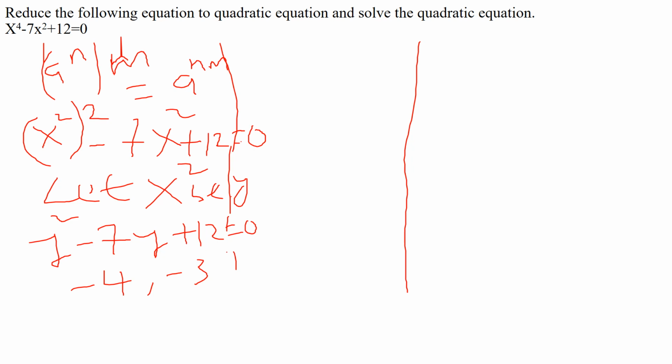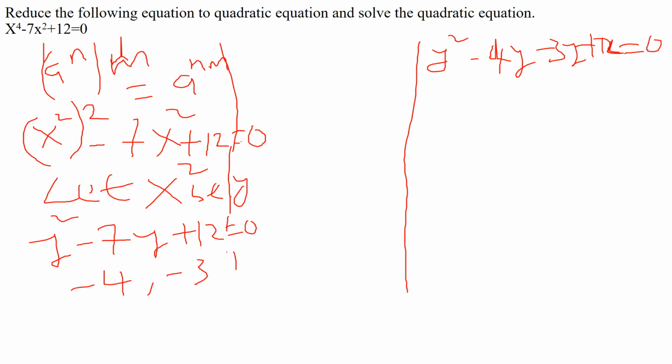So I can substitute them in my equation: y squared minus 4y minus 3y plus 12 is equal to 0.